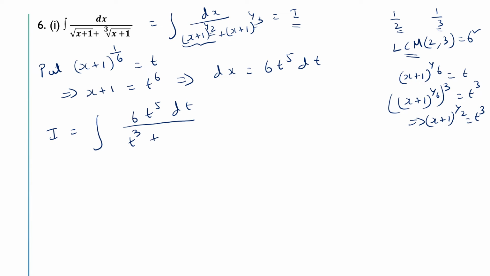Then plus x plus 1 the whole raised to 1 by 3, that we have to substitute, x plus 1 the whole raised to 1 by 6, the whole square will be t square, or x plus 1 the whole raised to 1 by 3 is t square.